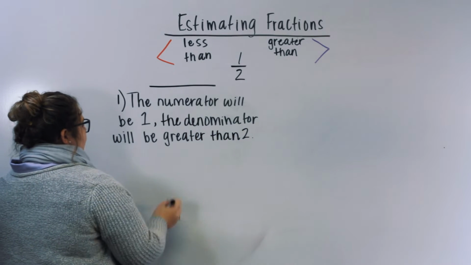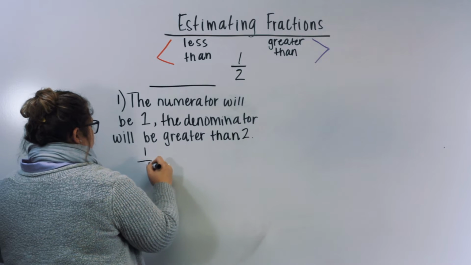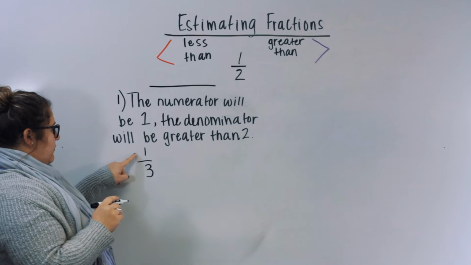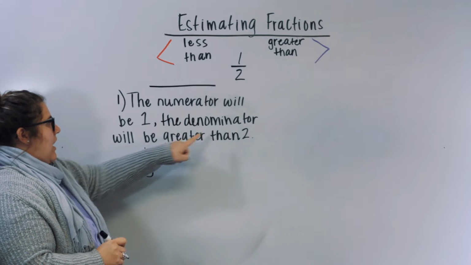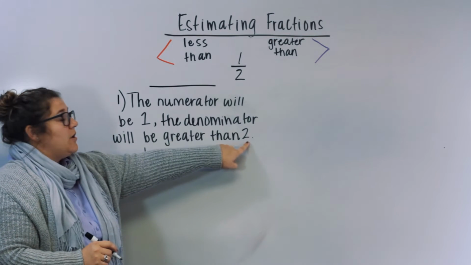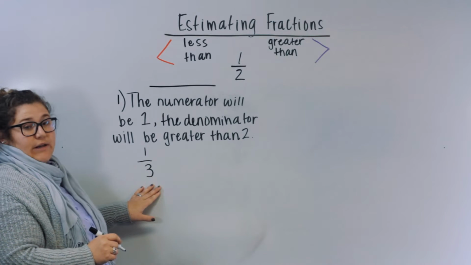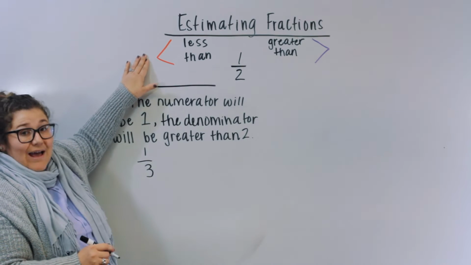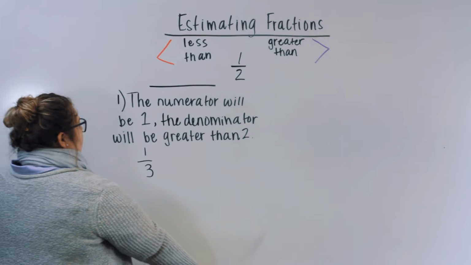For example, if we have 1/3, okay, the numerator is 1 right here, as you see, and the denominator will be greater than 2. 3 is greater than 2. So this, in fact, is going to be less than 1/2.